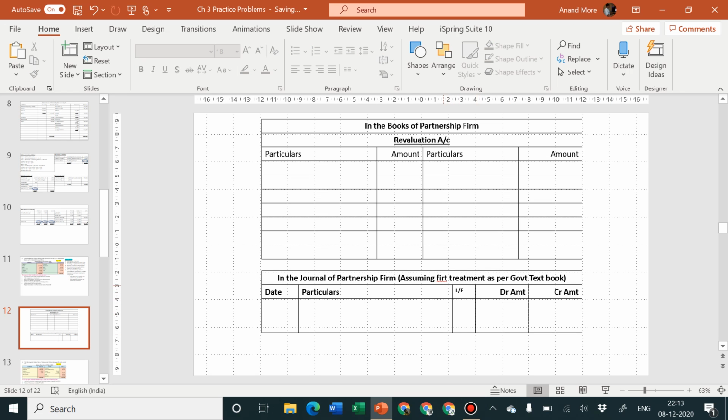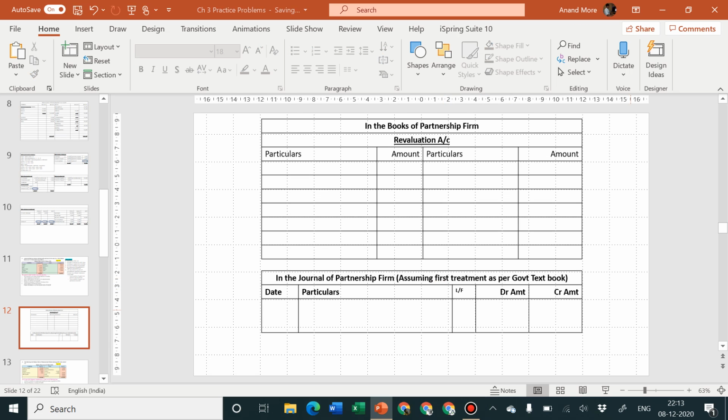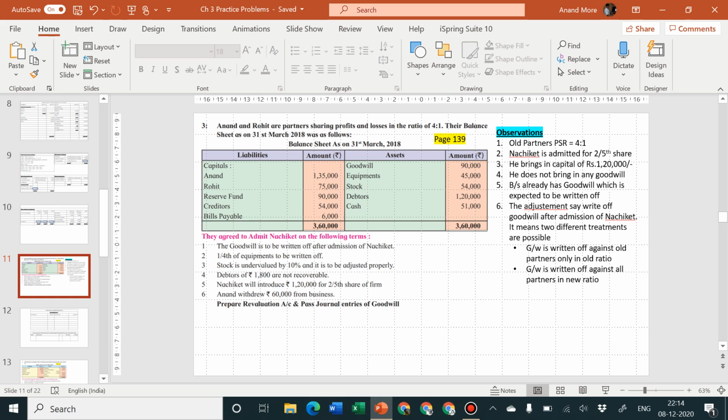The entry will be, it is required to be written off against old partners. Old partners' capital account will be debited, and asset is written off. Asset written off is a loss. Loss is to be debited either to the P&L account, and P&L account ultimately goes to partners' capital. So loss is to be debited to partners' capital account. Who are the partners? Old partners are Anand and Rohit, and their old ratio is 4:1.